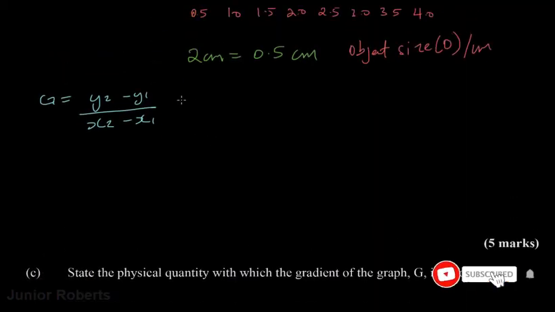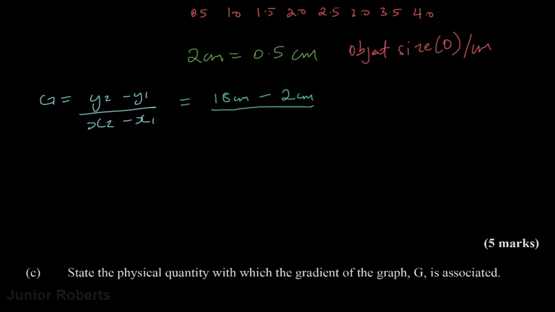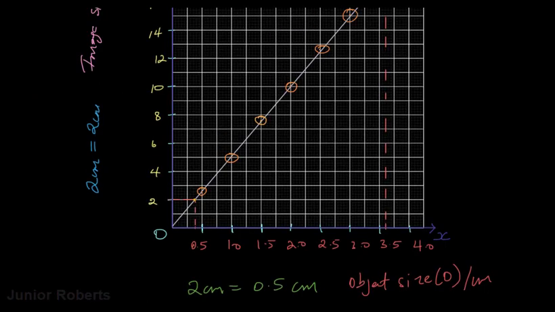So I will say y2 is 18 centimeters minus y1, which was 2 centimeters, divided by x2 minus x1. Let's get our values for x2 and x1. Our x2 value is 3.6, because each of these single lines is 0.05.